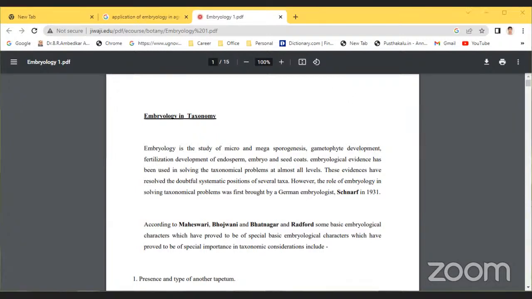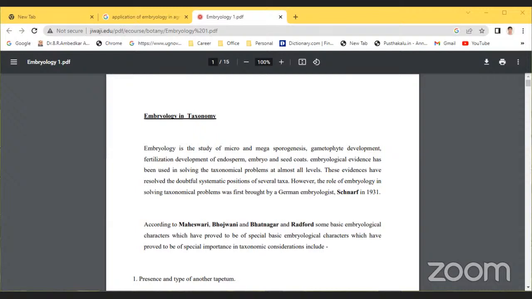So today, according to our syllabus, we will discuss application of embryology in taxonomy, agriculture and horticulture. You know embryology. What is embryology? The evidence has resolved the doubtful systematic position of several taxa.